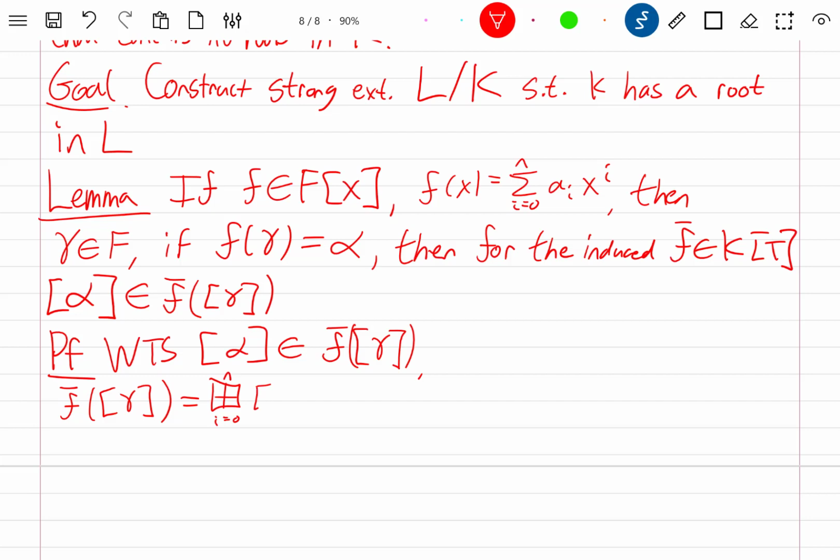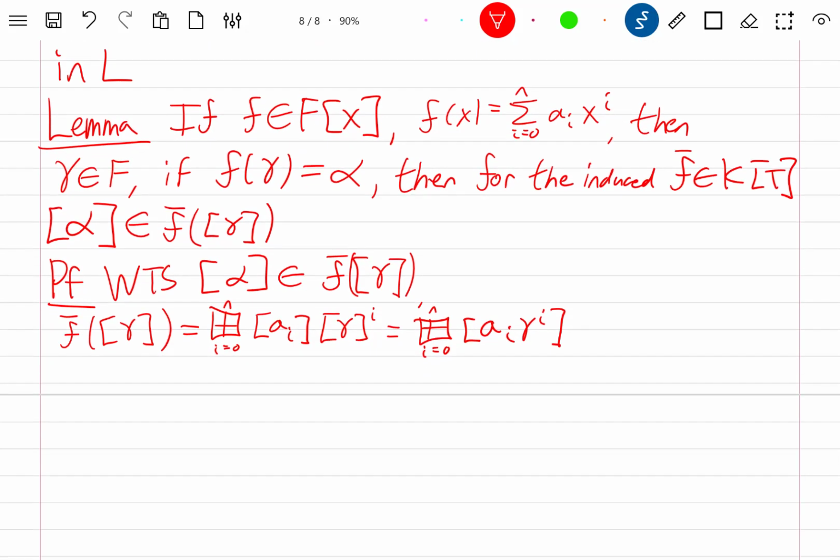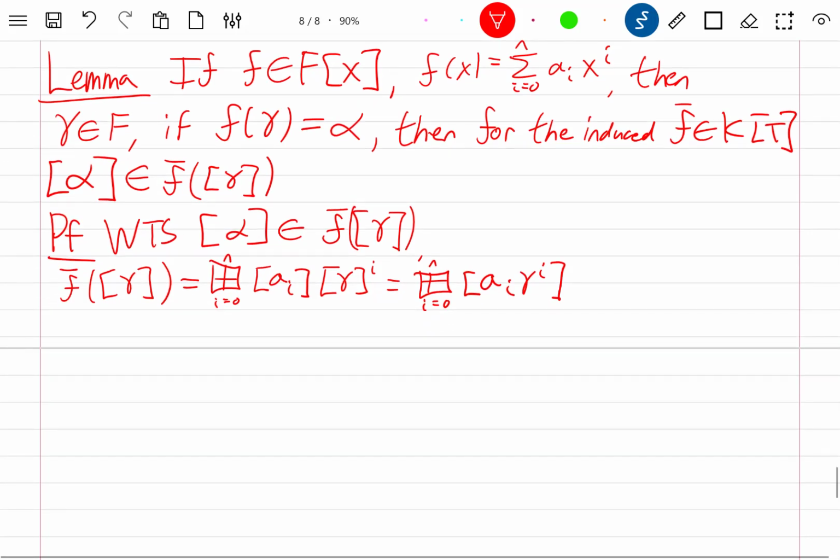My polynomial had the a_i, so my induced polynomial will have the equivalence classes of a_i, and instead of x or gamma to the i, I'm going to plug in the equivalence class of gamma to the i. But really, this will be the same as adding the equivalence classes of a_i gamma^i together, just using that this is a multiplication here. That's how multiplication works for quotient hyperfields, and similarly for exponentiation.